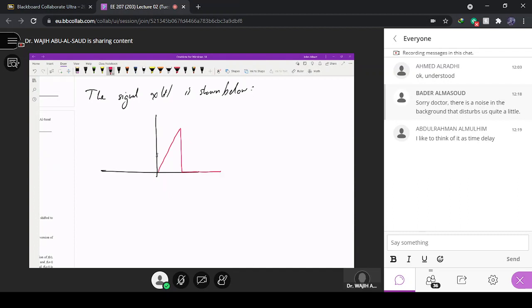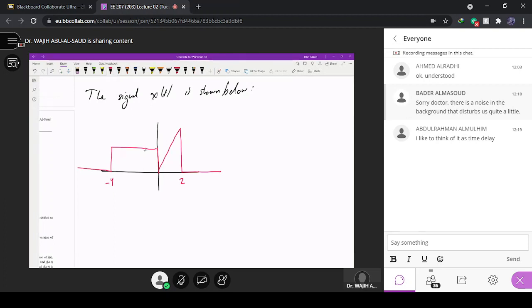There. And in the negative side, this is -4. This is 2. This is 4. Okay, this is it. I'm just trying to be accurate.